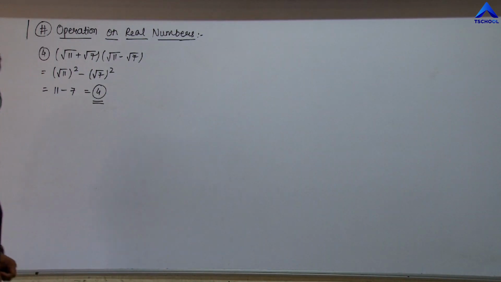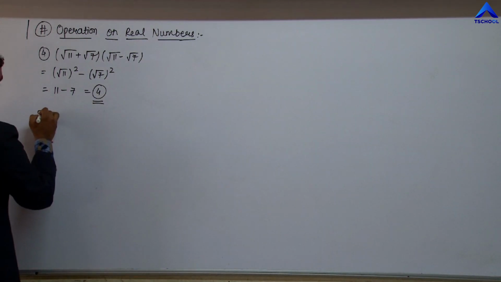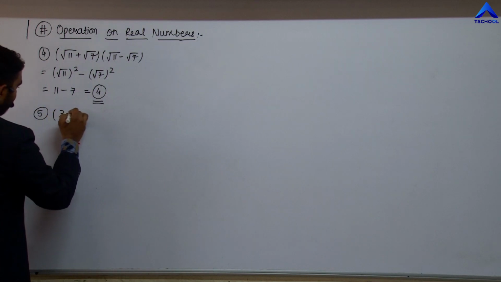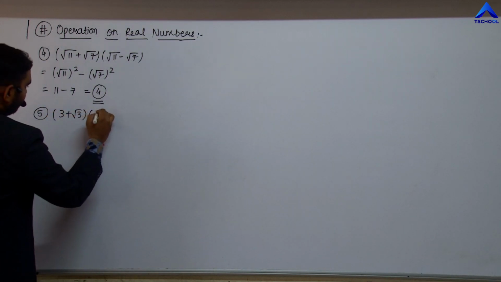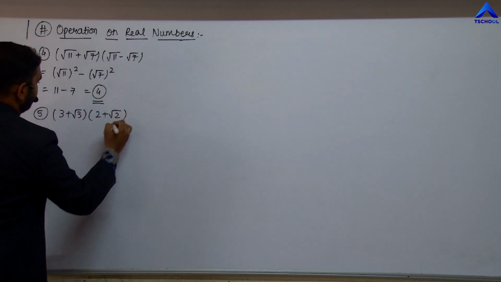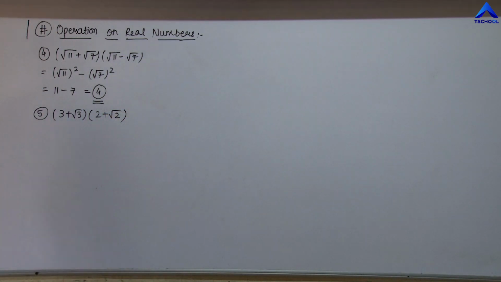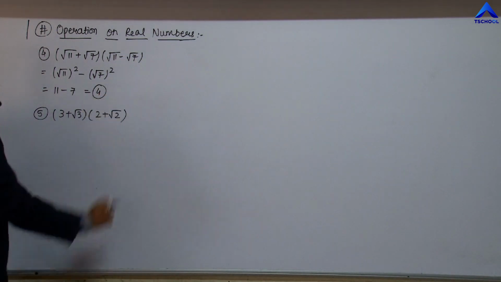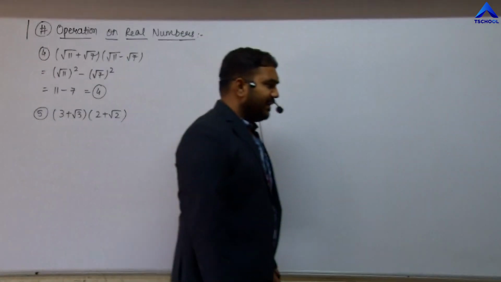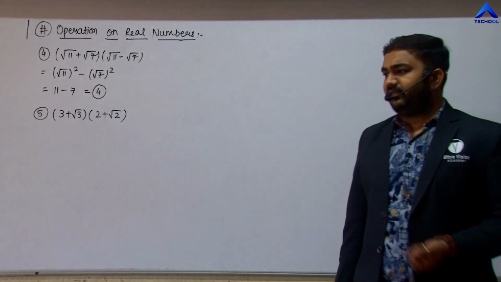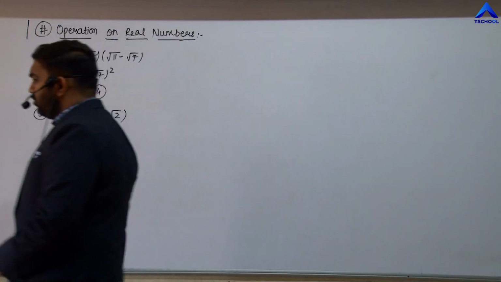Okay. Let me now write down an example here, that is 3 plus root 3 into 2 plus root 2. Can you solve this by yourself? Try to solve it. I'm solving it here on the board also.